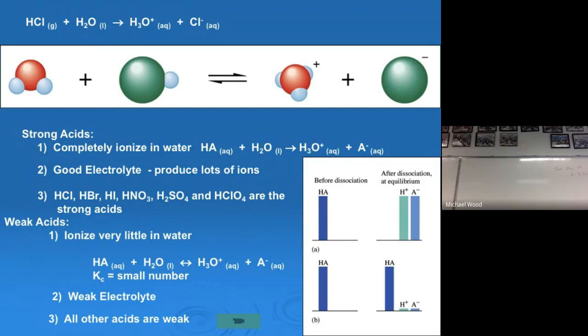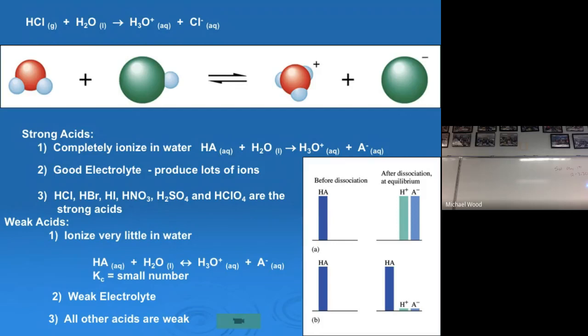All the other acids are weak acids. Those are the six strong acids. So again, the three halogens, HCl, HBr, HI. Nitric acid, which we've used a lot in a year and three quarters of chemistry. Sulfuric acid, which again we used a lot. And the one that is the least familiar is the strongest of all, perchloric acid.